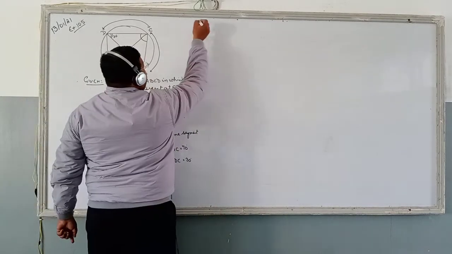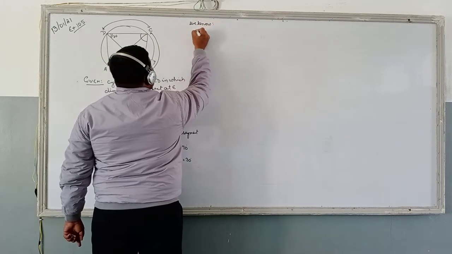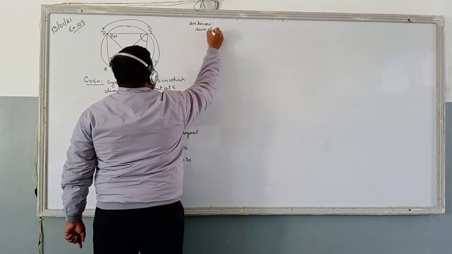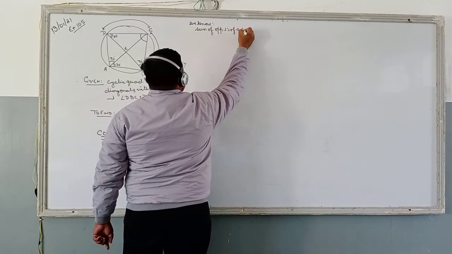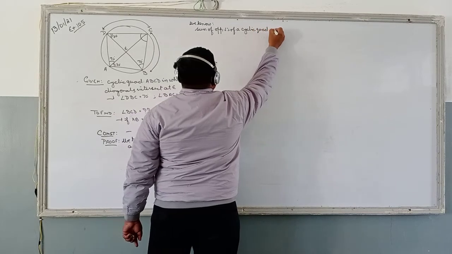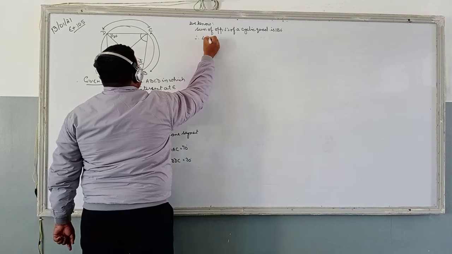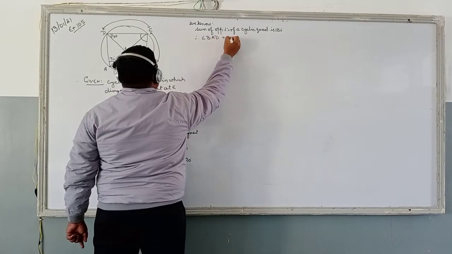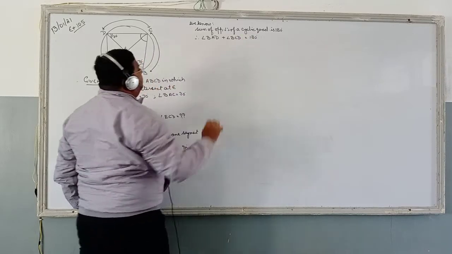Now, what do we know? The sum of opposite angles of a cyclic quadrilateral is 180 degrees. So therefore angle BAD plus angle BCD is equal to 180.